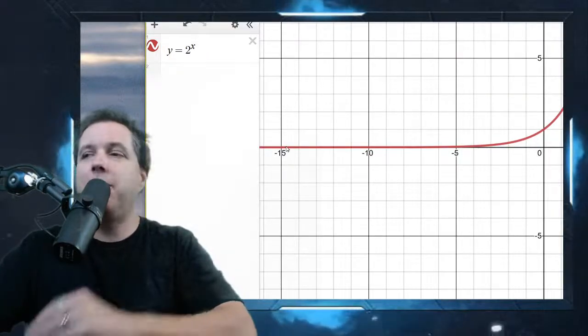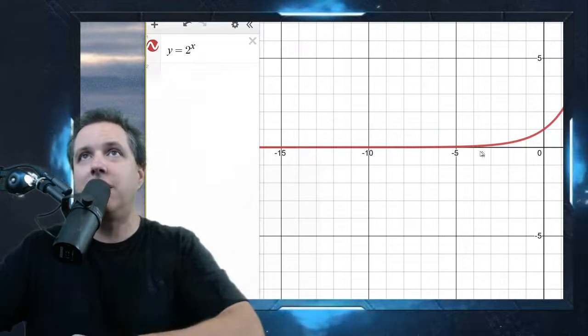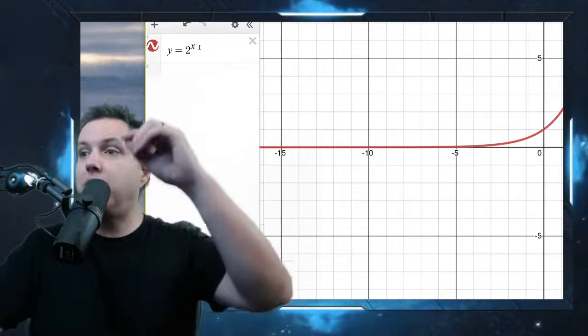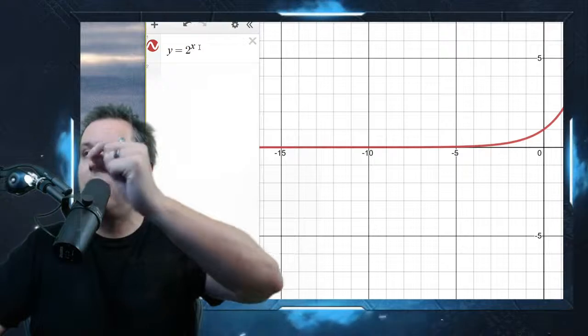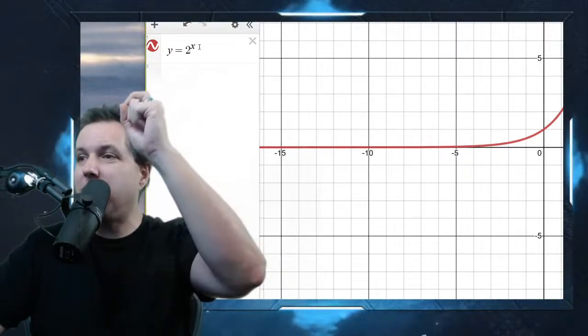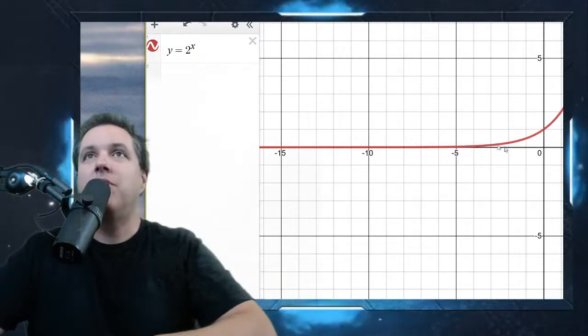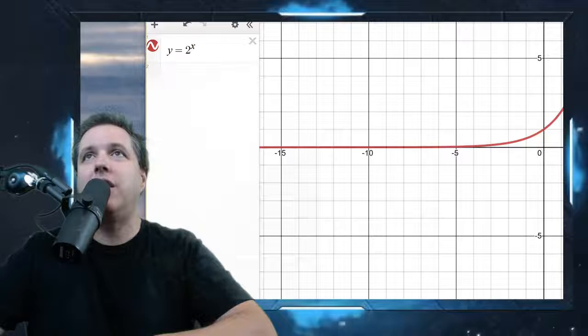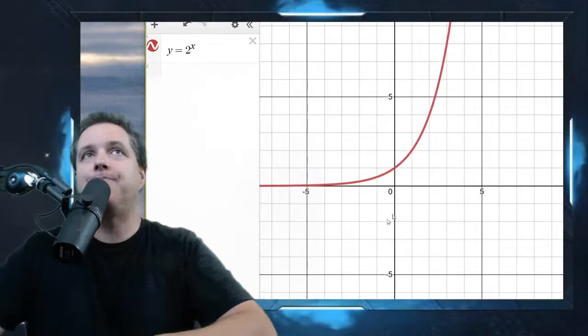It straightens out, but it's never perfectly straight. It's approaching this line, but never quite touching it, weirdly enough. Like, think about plugging in negative 100. 2 to the negative 100 becomes 1 over 2 to the 100, which becomes 1 over a very, very big number, meaning it becomes a very small number. So they're just tiny, tiny numbers between the line and the curve right there. And then they go up like this.